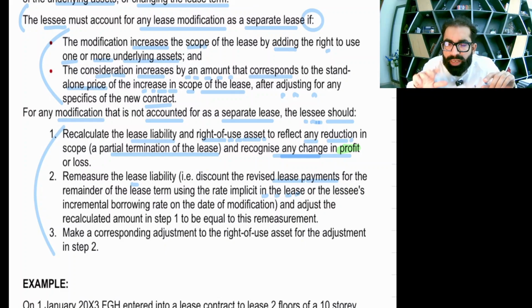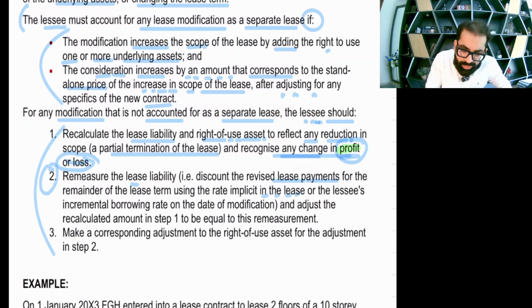Listen, ROU goes down, ROU is an asset, so ROU credit. Lease liability is going down, so lease liability debit. And if there is any difference, that difference will go in the profit and loss. Okay, I will do it practically, don't worry, I'm just reading it right now.